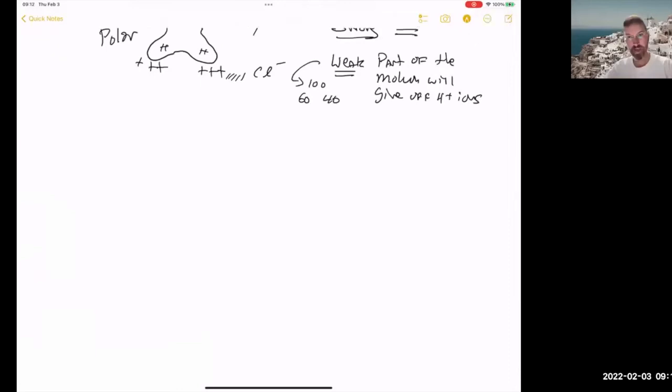For example, if I have sodium bicarbonate, NaHCO3, that is a molecule of sodium bicarbonate. This is also known as baking soda.